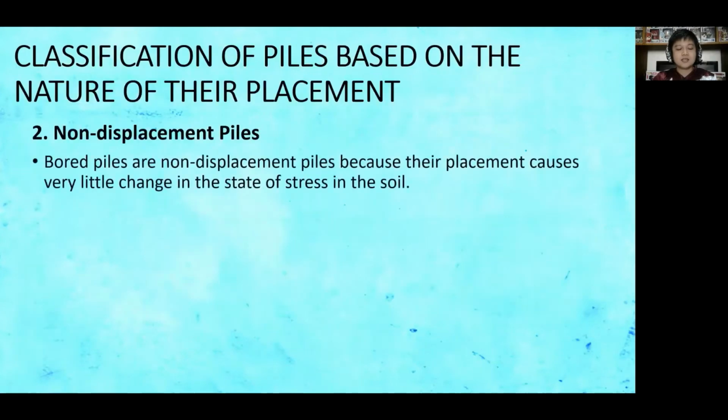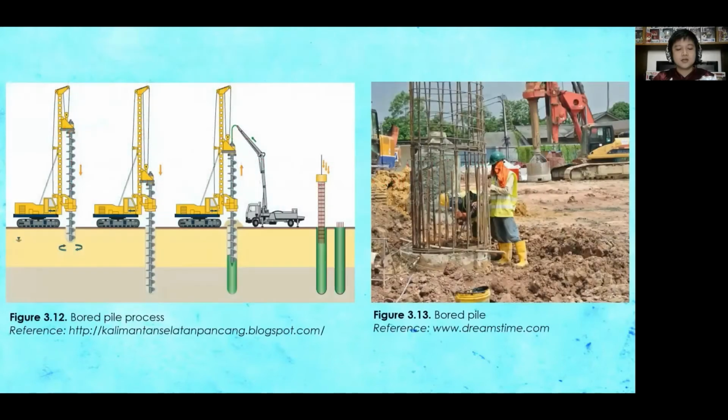Second is the non-displacement piles. Bored piles are non-displacement piles because their placement causes very little change in the state of stress in the soil. For these piles, the process is to drill a vertical hole, as presented in figure 3.12, to the desired depth.